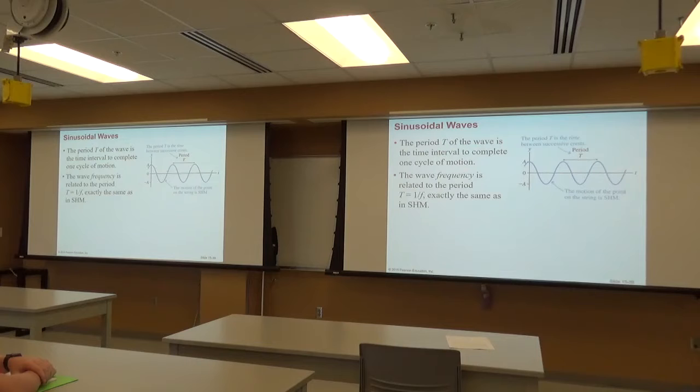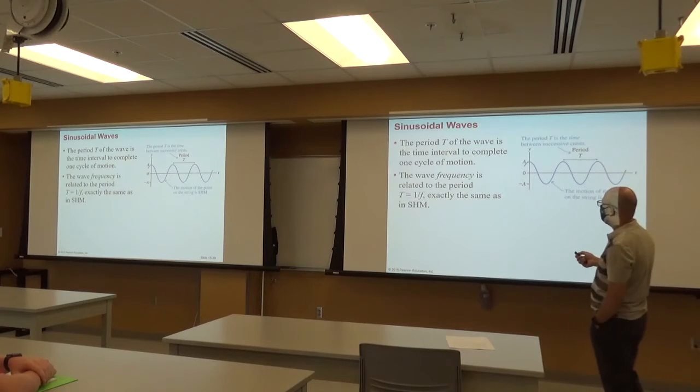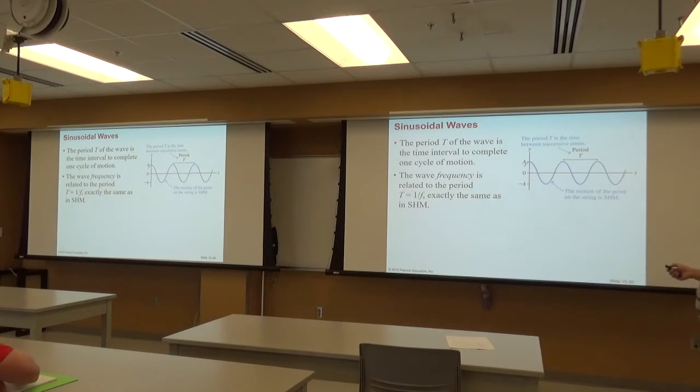So I just explained what time period is. Time period is the time to make one complete wave cycle. Starting from here to here is one complete wave, and the time to make one complete cycle is the time period. It could be from here to here also. So this is one complete cycle.